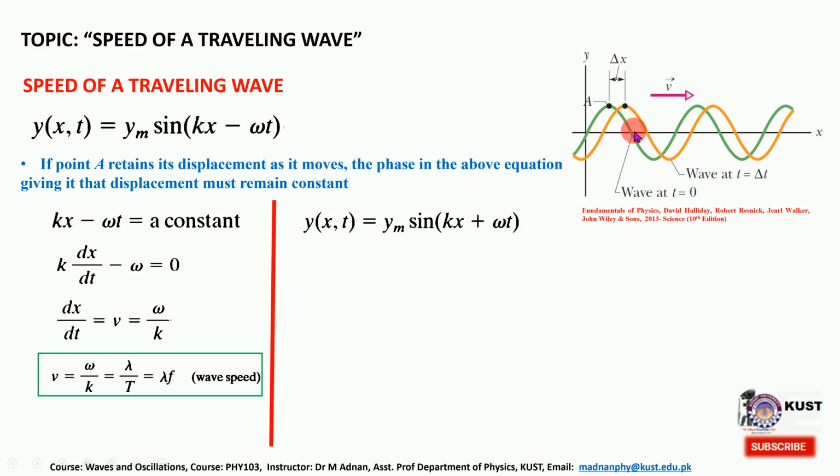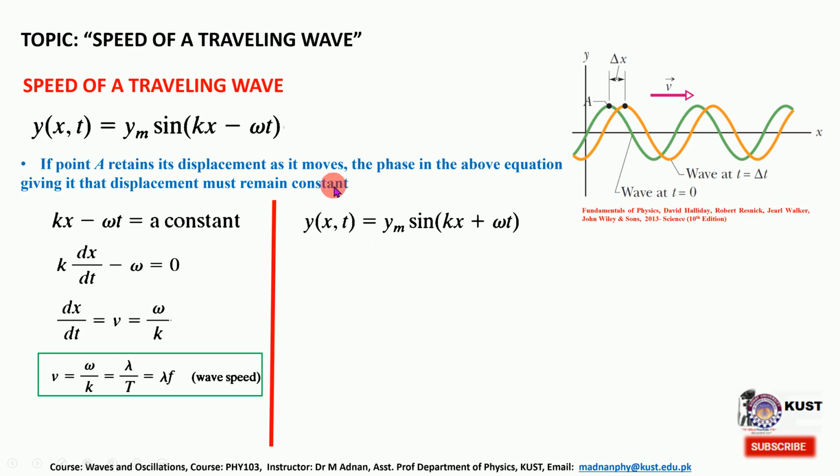Now if that sine wave is moving towards the negative x direction, then one can represent that wave by y equal to ym sine of kx plus omega t. In our previous lecture we discussed how to change the minus sign to a plus sign when the wave is traveling in the opposite direction.